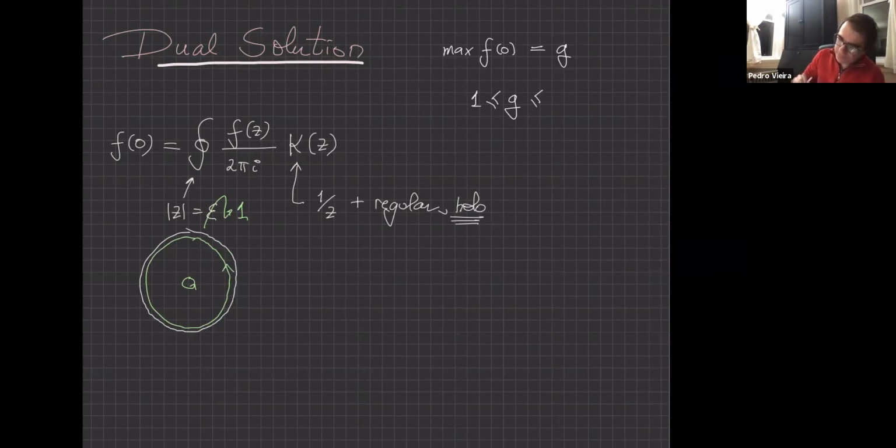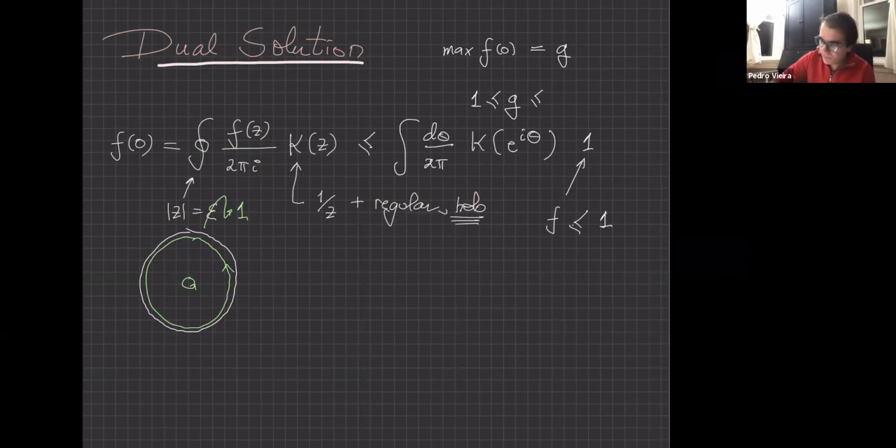And because I'm at the boundary, and because f is bounded, this is smaller or equal than the integral on the boundary of the unit disk, d theta over 2 pi, the modulus of k at the boundary, e to the i phi, times 1, because remember that f is bounded. So f is smaller or equal than 1 at the boundary of the unit disk. That was the condition. And so any k that you choose, you put here and you get a bound from the other side.